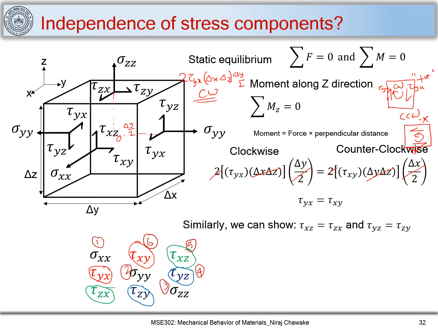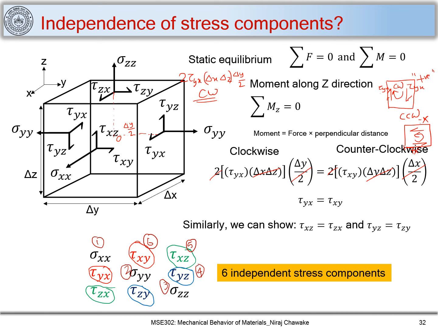If I know tau xy, I can know tau yx also. When I know tau xz, I know tau zx also. When I know tau yz, I know tau zy. So I just need 6 components to know the complete state of stress at any given point. Similarly, you can see that this matrix becomes symmetric. Let me write it down.